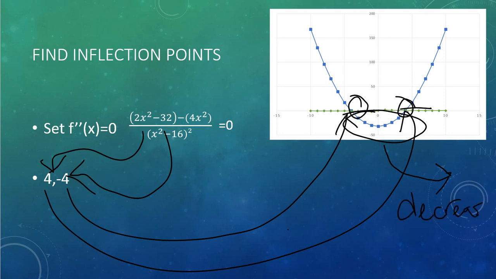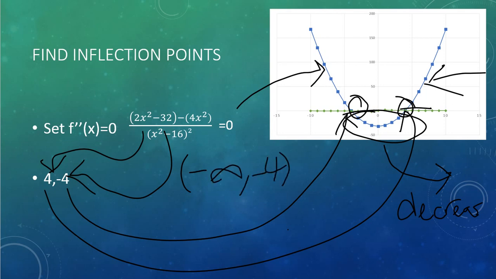And anywhere where it's above the x-axis, as in right here and right there, that means it's increasing from those intervals. So say you wanted to find out where it was, it would be increasing from negative infinity to negative 4 as well as 4 to infinity.